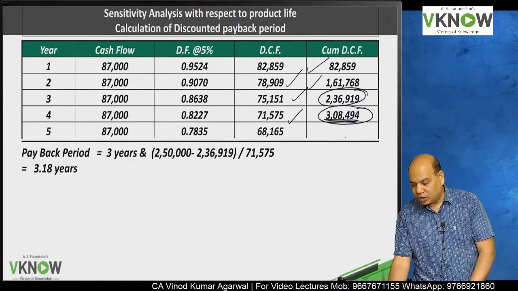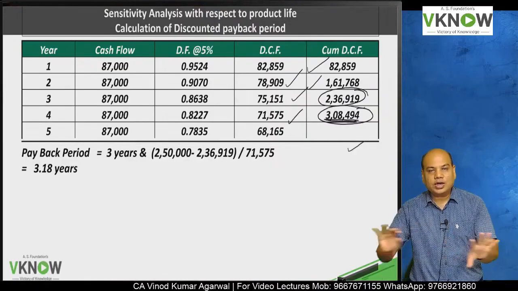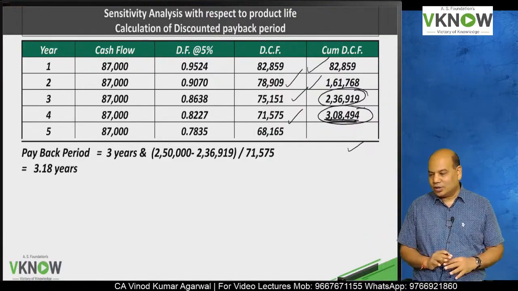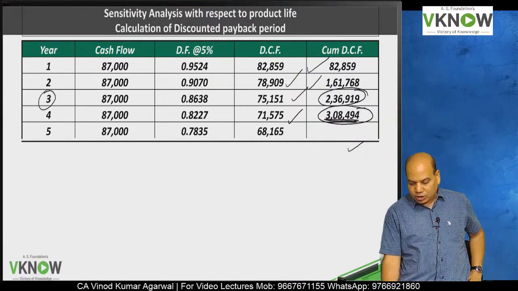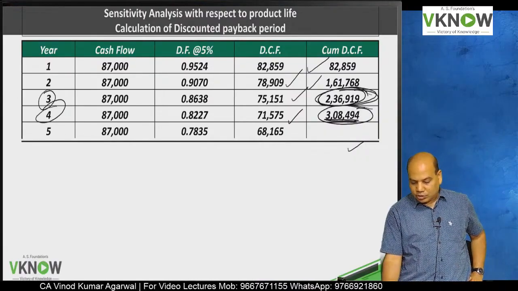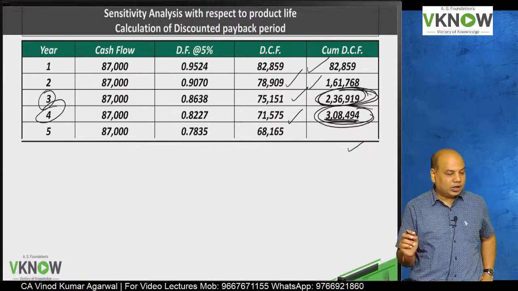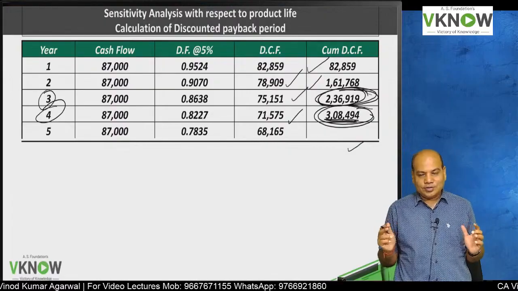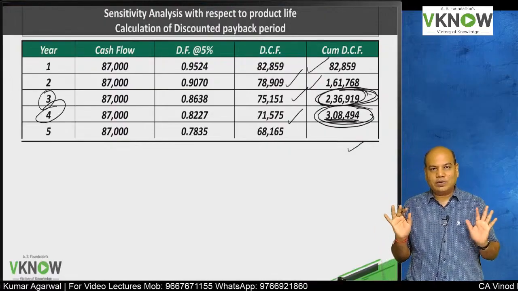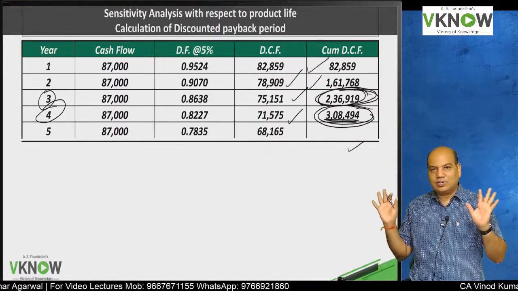After this, even if you write anything here, it won't affect your answer. So in 3 years we are able to recover 236,919. In 4 years we are able to recover 3,08,494. Somewhere between 3 and 4 you are going to recover your initial investment.